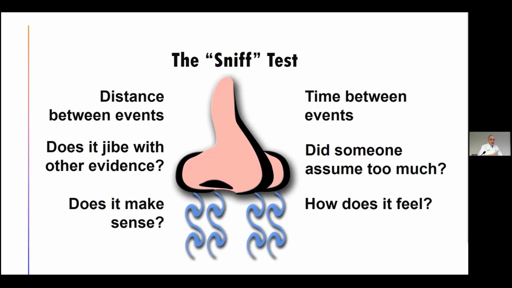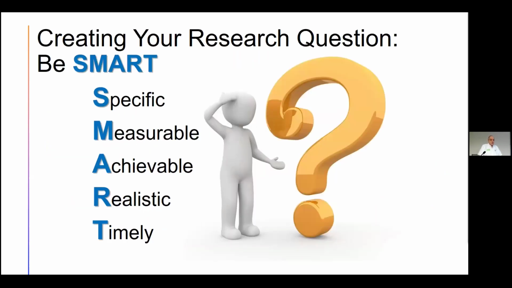So you take all of this when you're trying to find somebody, and you see what is out there. So now you create your research question. We call these SMART research questions. They're specific, measurable, achievable, realistic, and timely. So let's say you're trying to find stuff out about your great grandpa.